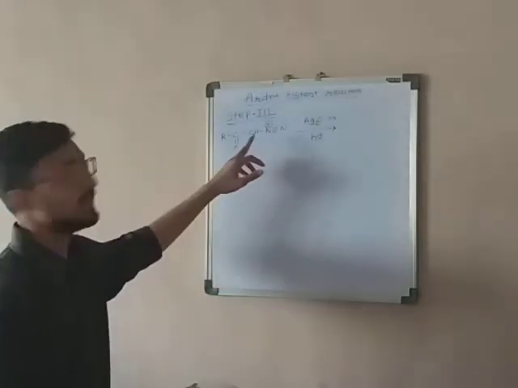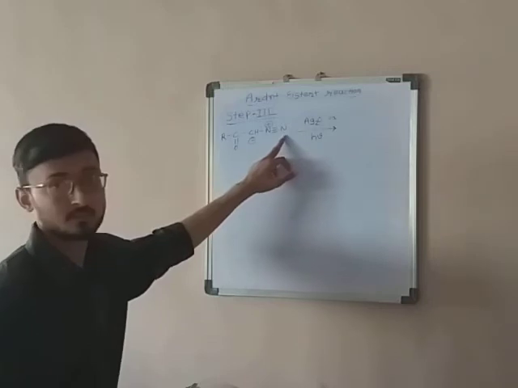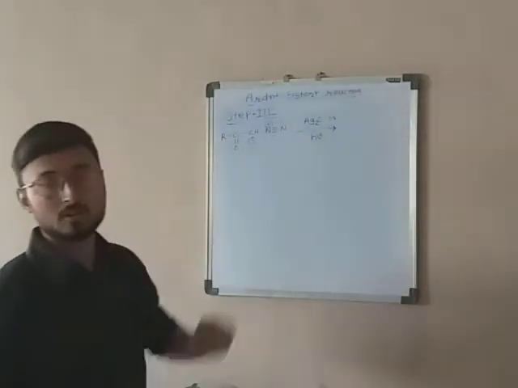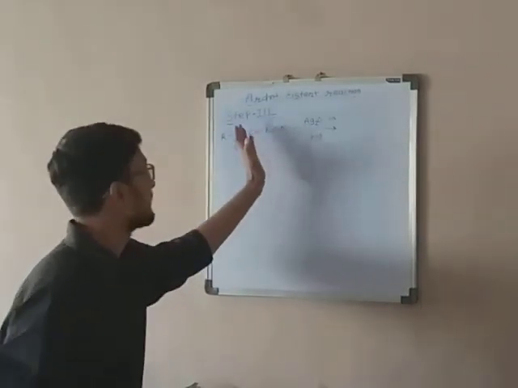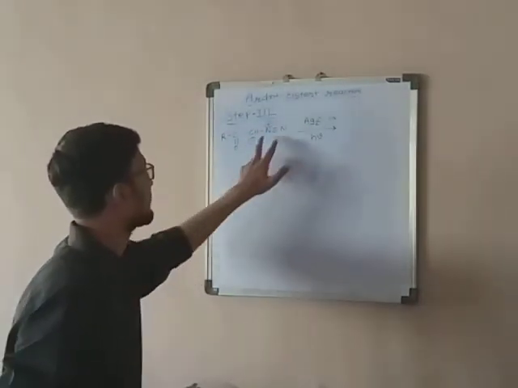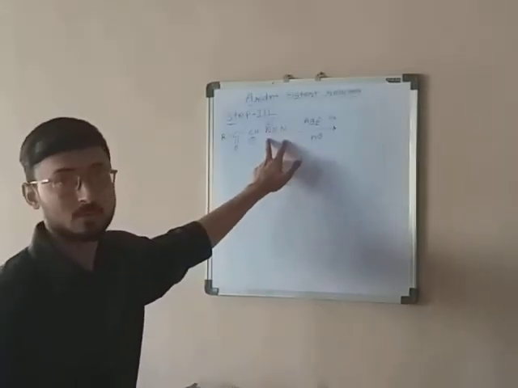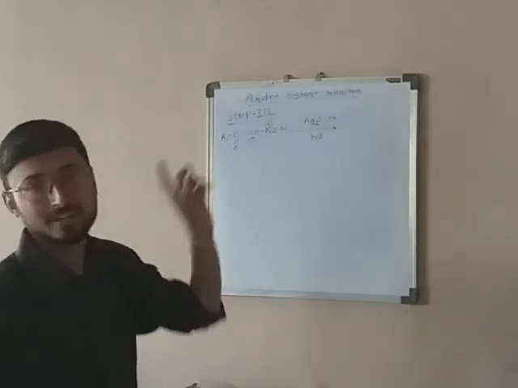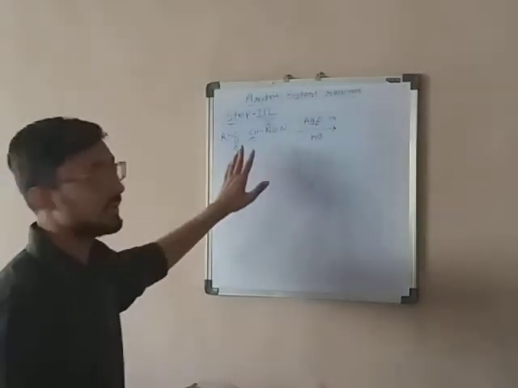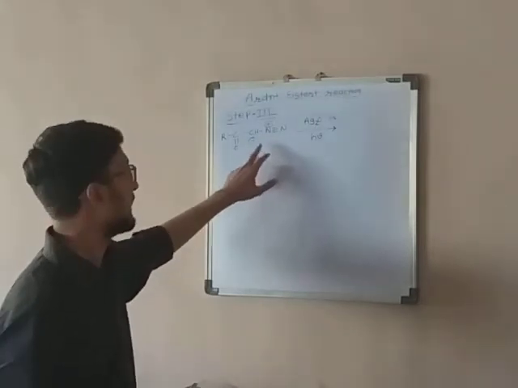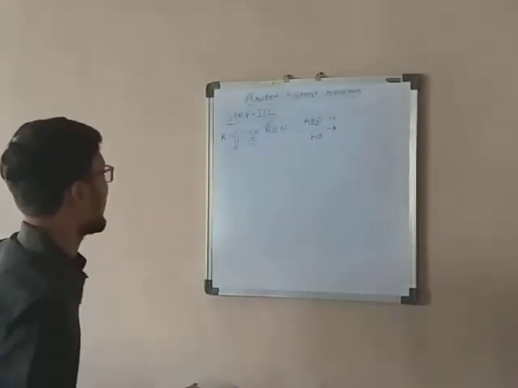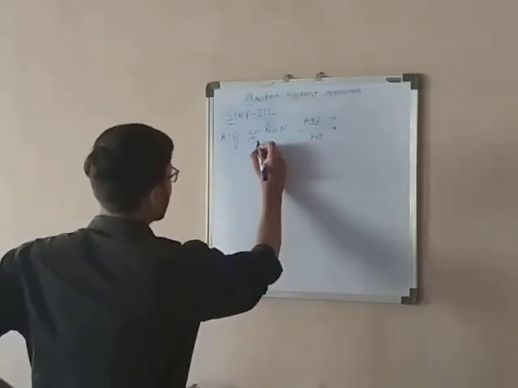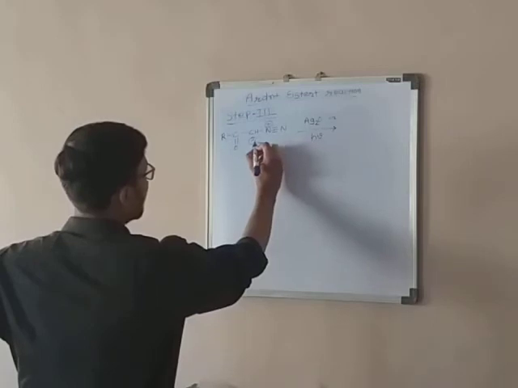Here we can see that two nitrogen atoms are present at the terminal part of the compound. Whenever two nitrogen atoms are at the terminal of the compound, they can be set free in the form of nitrogen gas. So here they will leave the molecule and give nitrogen gas. I'll show you the mechanism of the removal of nitrogen gas.